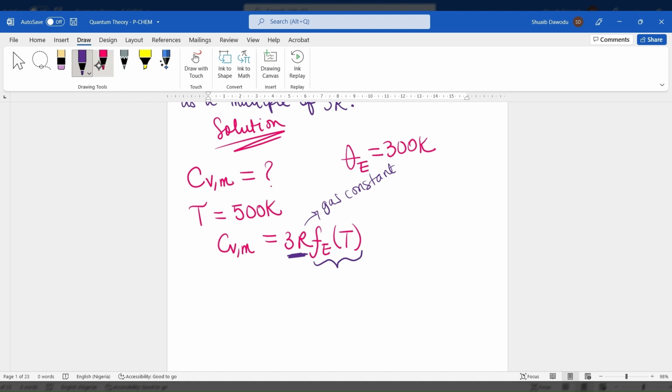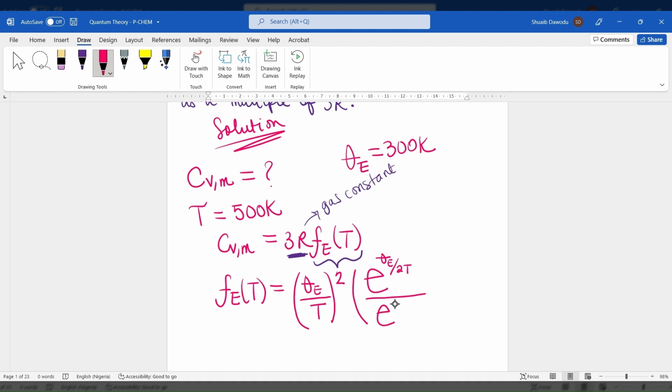Now when you go to your textbook, you would see that the formula for f_E is simply (theta sub E divided by T) all squared, times e raised to the power of theta sub E divided by 2T, divided by (e raised to theta sub E divided by T, minus 1) squared.